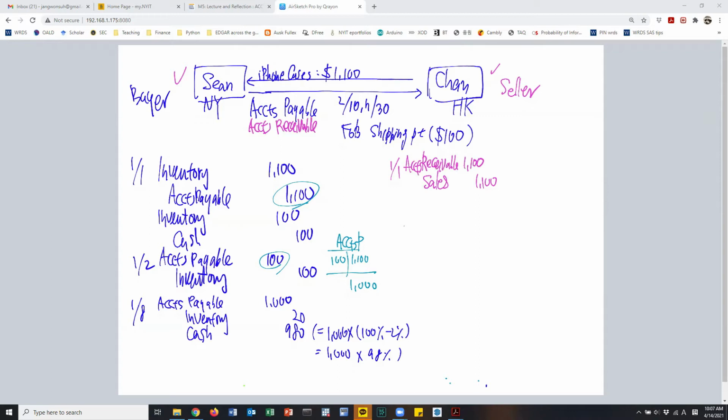And in this case, let's assume, to have a look at the seller's viewpoint, FOB destination. Okay, the same amount. Again, you cannot contain both of the terms FOB destination and FOB shipping point on the same contract, right?